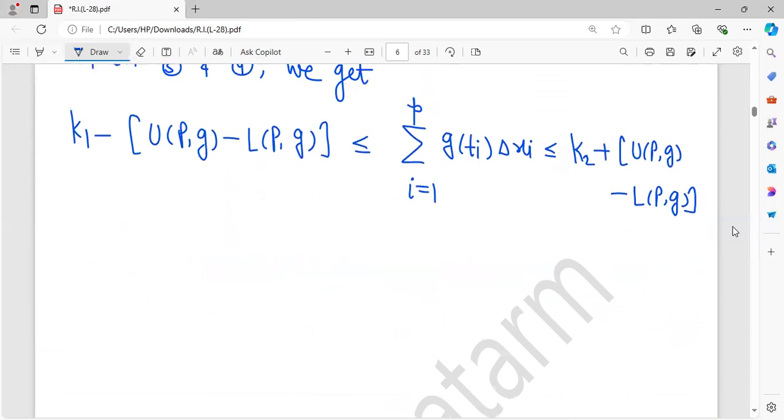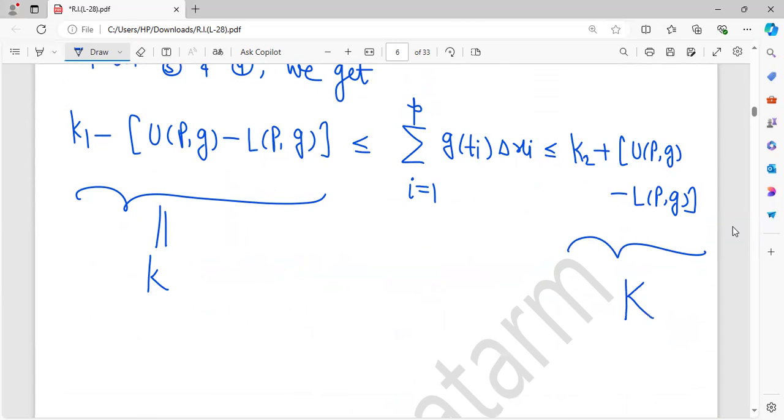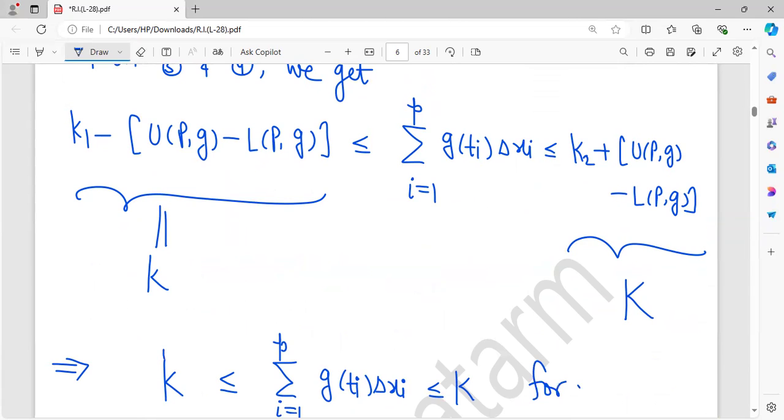So now you see that this is fixed. I am calling this part small k and this part capital K. So this implies small k is less than or equal to summation i goes to 1 to p g(ti) delta xi, which is less than capital K, for p equal to 1 up to n.